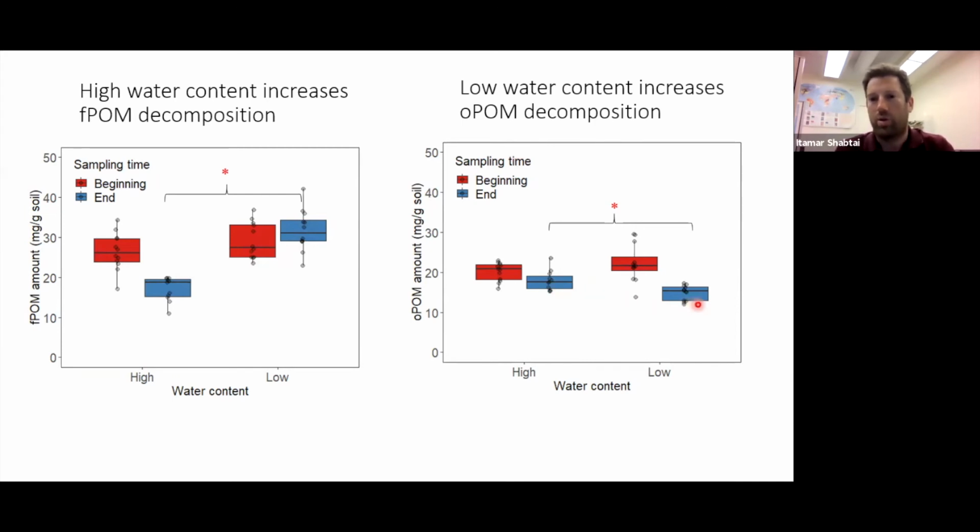Here again, this difference between these two box plots signifying the amount of OPOM at the end of the experiment. And so you can see that water content not only drove litter decomposition, but it also affected where that litter in the soil was being decomposed.